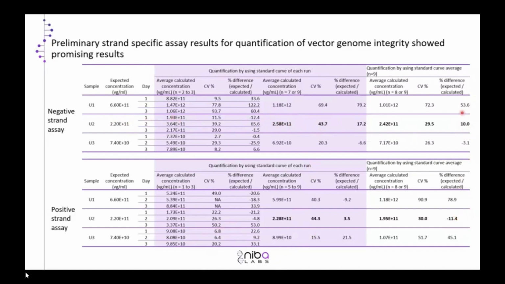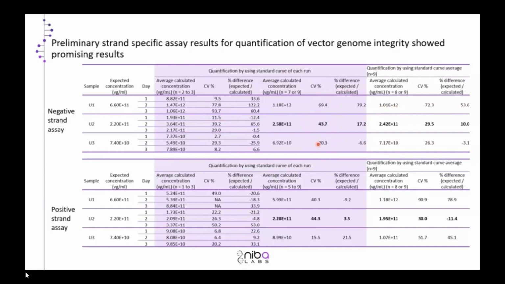At the highest concentration, based on the variability of the standard curves, we got a slightly higher difference to the expected concentration for both negative and positive strand. And the CV that you might notice here seems to be high.